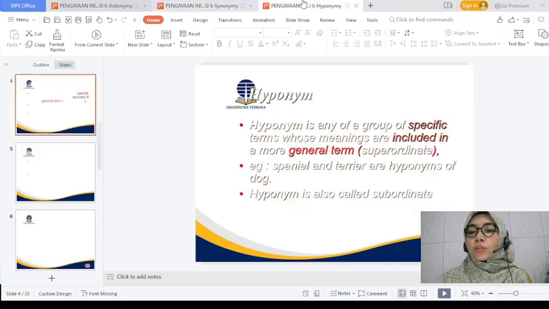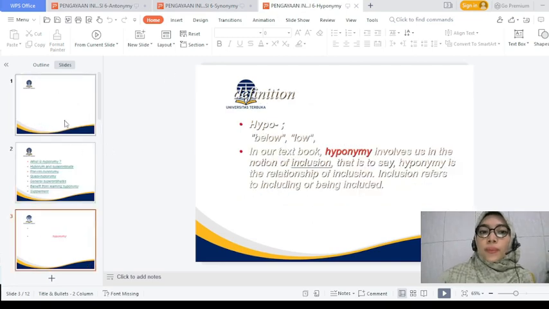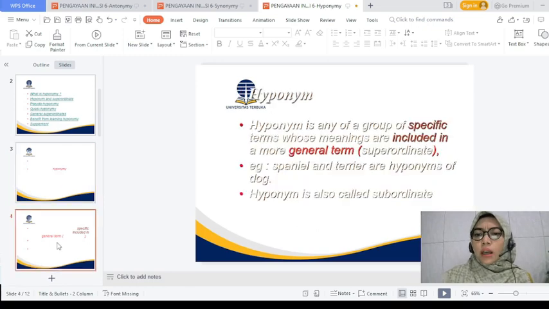Now we are going to move to hyponymy. Hyponymy is the relationship of inclusion, which means including or being included. What does that mean? Okay, let's take a deeper look. A hyponym is any of a group of specific terms whose meanings are included in a more general term or superordinate.